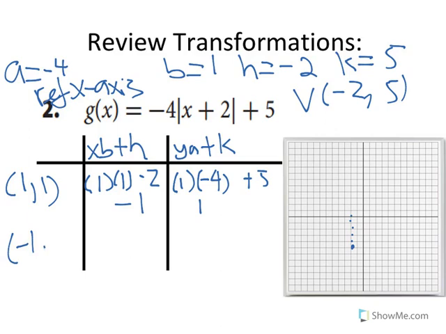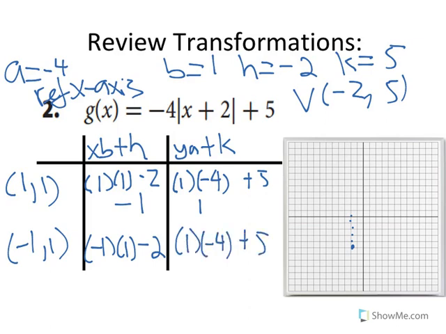And then (-1, 1) will go to -1 times 1 minus 2, 1 times -4 plus 5. So this is going to be (-3, 1). Okay, so -1, 1. Oops, I think I made a mistake on the vertex, so let me change that.